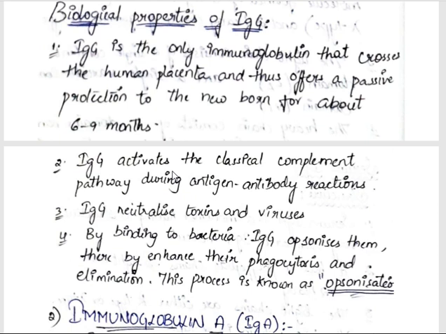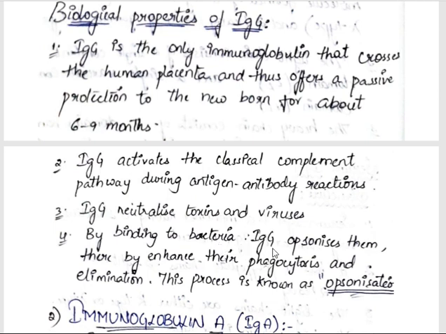Now this IgG activates the classical complement pathway during the antigen-antibody reaction. That is the second one. And the third one, this IgG neutralizes the toxins and viruses that are present in our body, and it will also bind to bacteria.